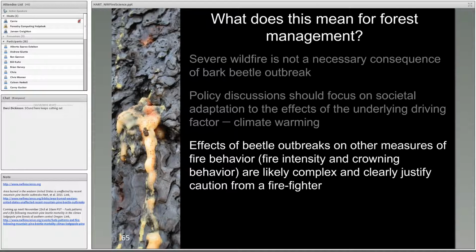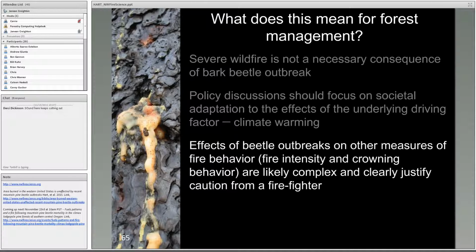However, I do want to say that although there isn't great evidence that bark beetle outbreaks influence fire area or fire severity, bark beetle outbreaks may influence other measures of fire behavior, such as fire intensity and crowning behavior. And these probably are important for firefighters.